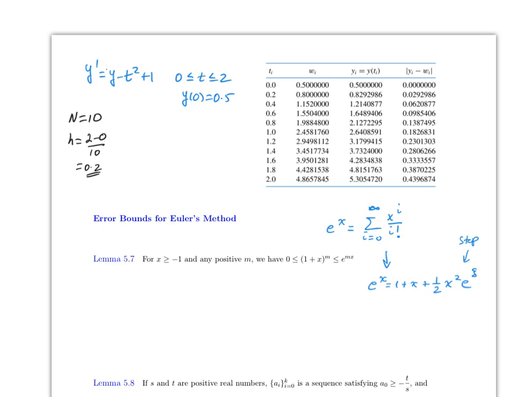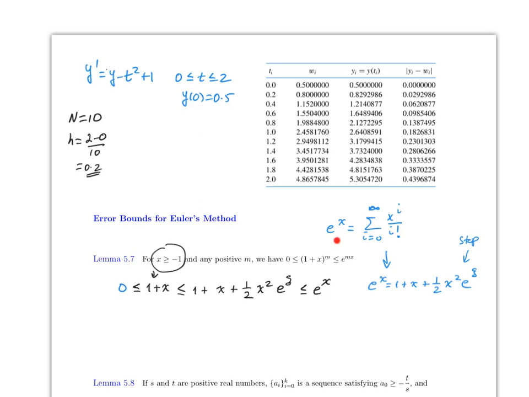Well, using that result, we have the following: 0 is clearly less than or equal to 1 plus x if x is more than -1. But this is less than or equal to 1 plus x plus 1/2 x squared e to the c. And clearly, this is less than or equal to e to the x. Why?